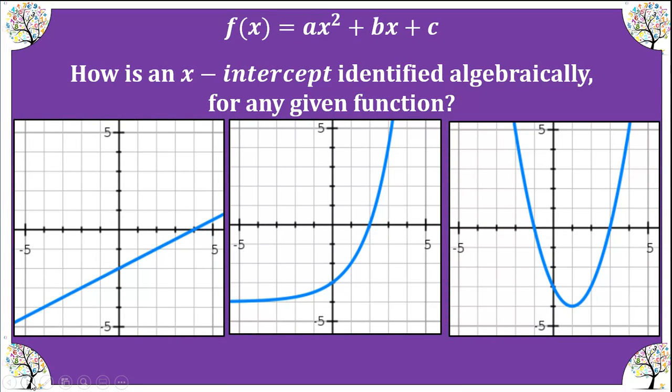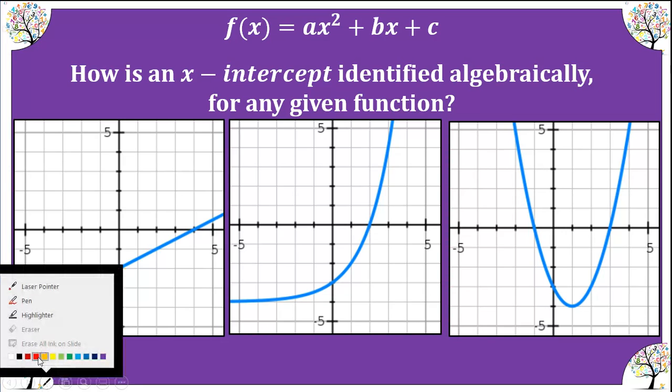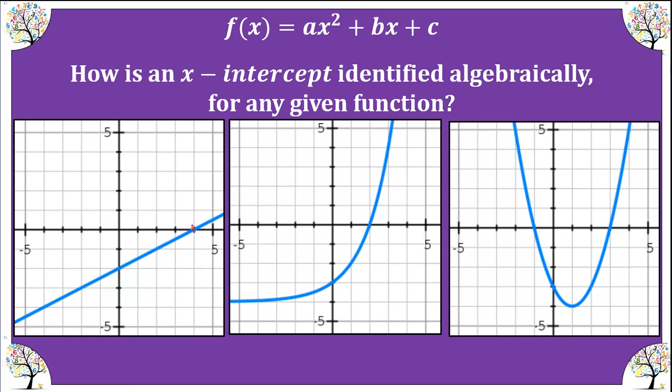So let's talk about the x-intercept algebraically. We have a linear function, an exponential function, and a quadratic function. Let's take a look at where each of these crosses the x-axis. And let's identify those ordered pairs and see what they have in common.